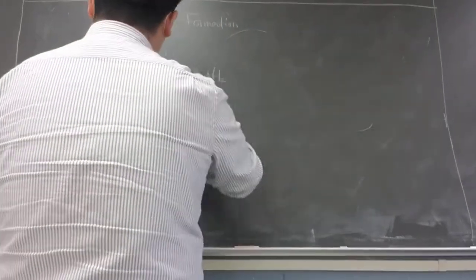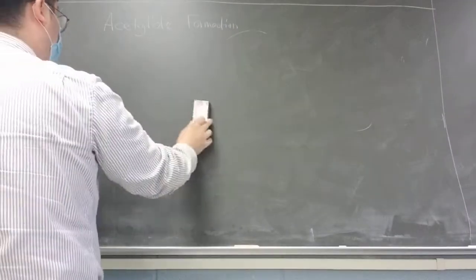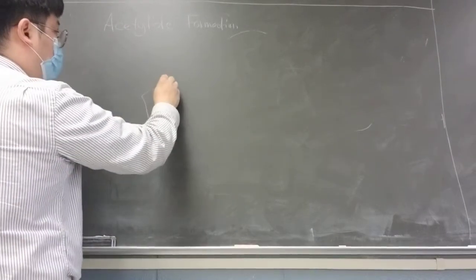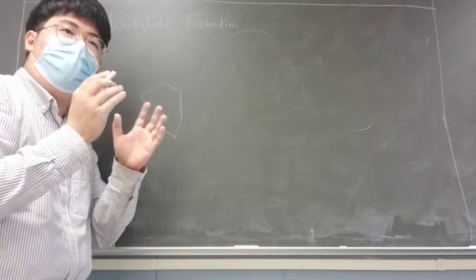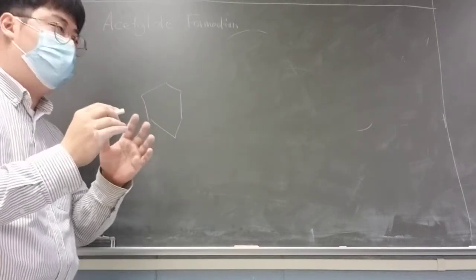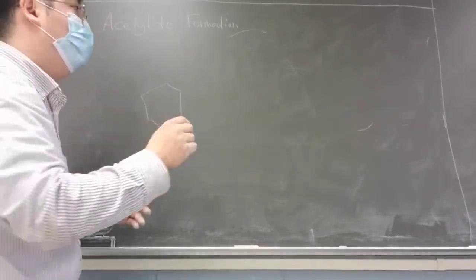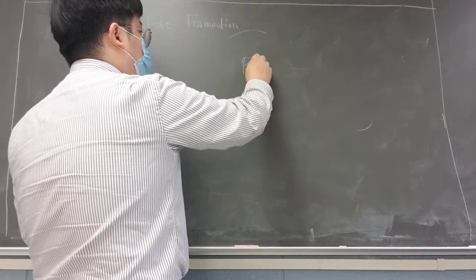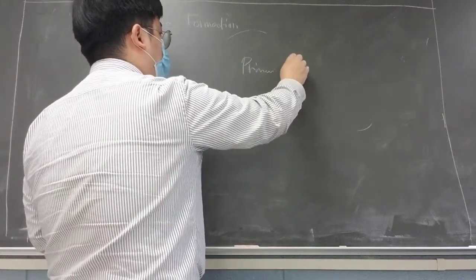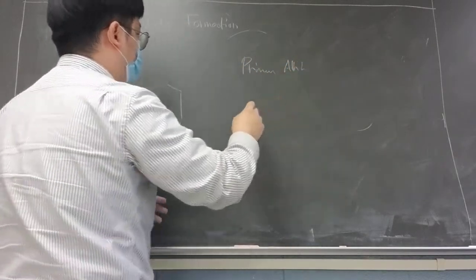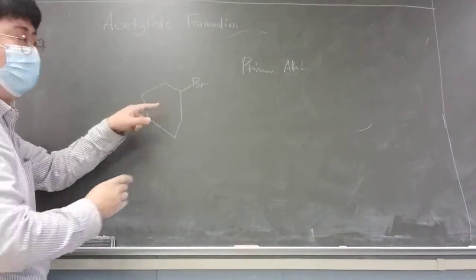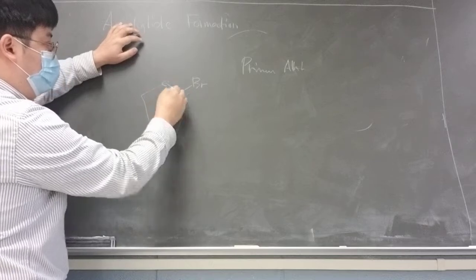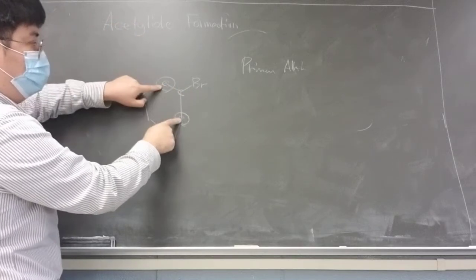I really don't think I'll put it on the exam for sure, but just for your information, putting the alkyl group onto your acetylide anion works only for primary alkyl halides. Whenever you have something like bromocyclohexane, that is secondary, not primary.